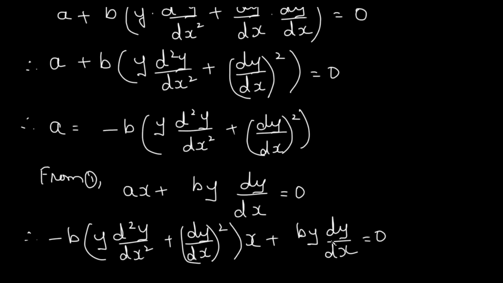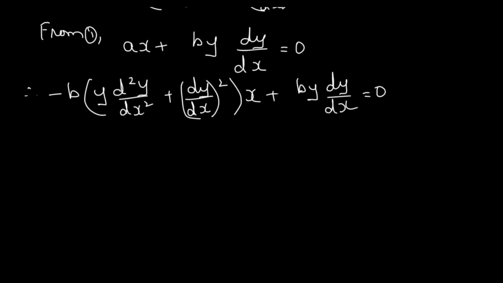Then in the next step, we are going to get like this. Now keep the by dy/dx term on one side and take this term on the other side, whereby it becomes positive. So we get by dy/dx is equal to, this term is taken on the other side. So we get b into the same thing.